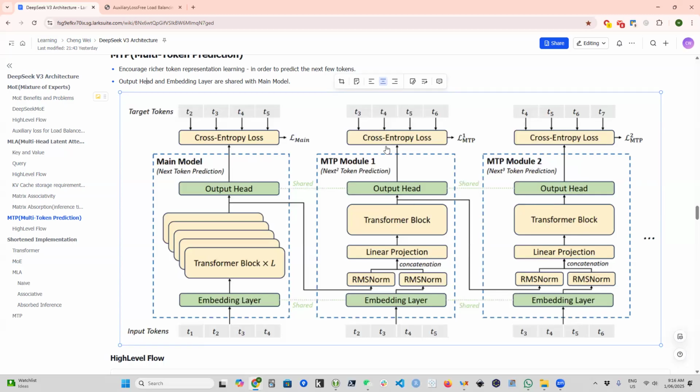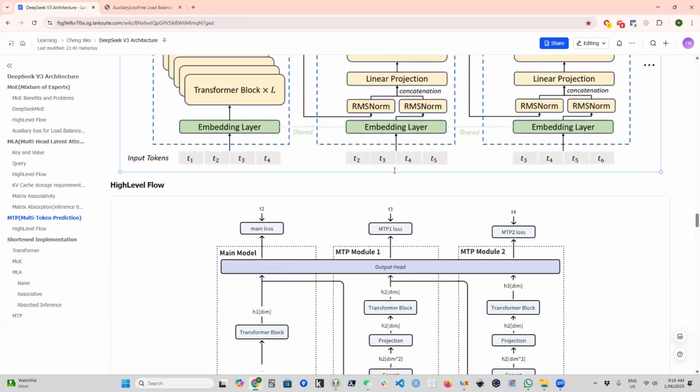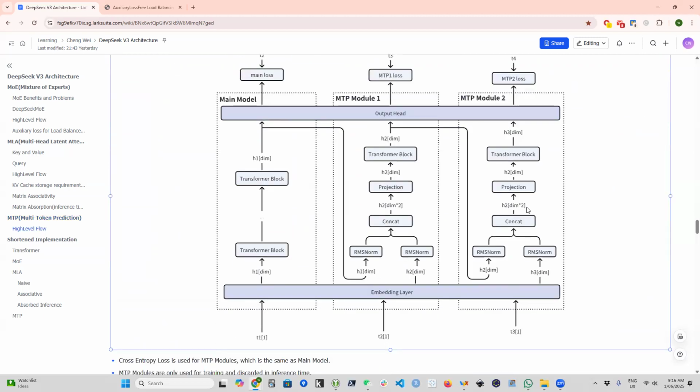So let's go through the single token version first, the simpler version. We have a token, which goes to the embedding, so it embeds the token into the token DIM. Then we go through multiple transformer blocks, and we have the hidden state before the output head.